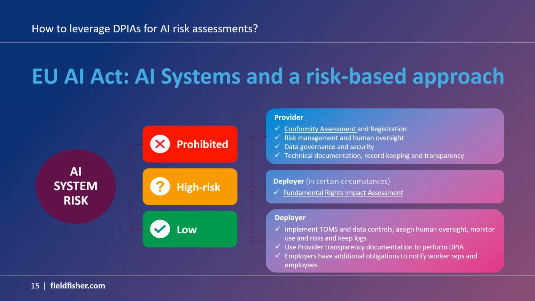So the first bucket contains the products or safety components of products, and where EU legislation requires third-party conformity assessments. These focus on areas such as safety of humans, medical devices, and heavy industry, just to provide a few examples.